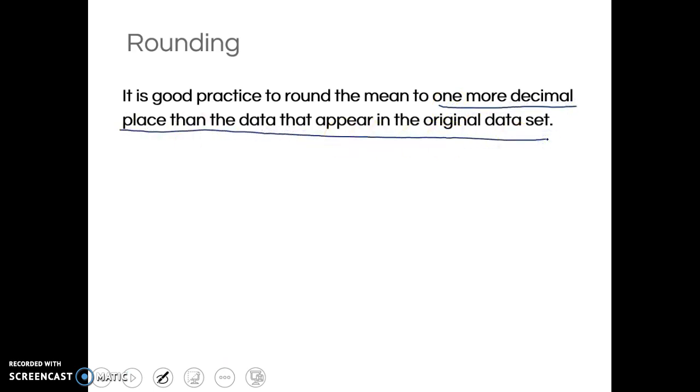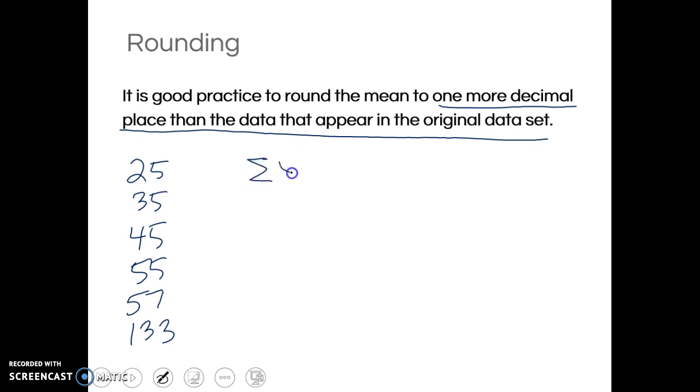So what that means is if you have numbers like 25, 35, 45, 55, 57, and 133. Okay, if I were to add those numbers up and divide by the number of numbers, they would add up to be 350.